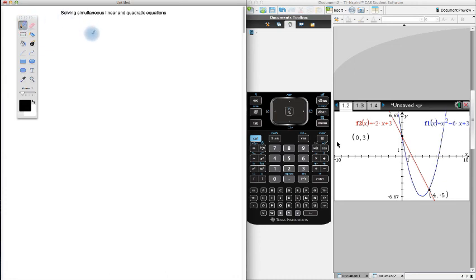So this first example, we have 2 equations. Let's write them both out, and they both need to be in the standard expanded form for any polynomial. So that's this form here where we've got y equals x squared minus 6x plus 3.